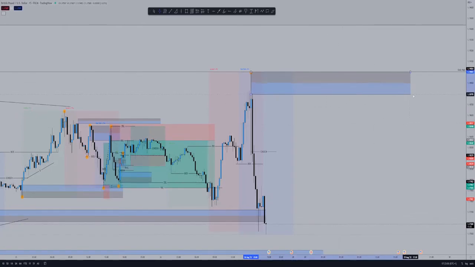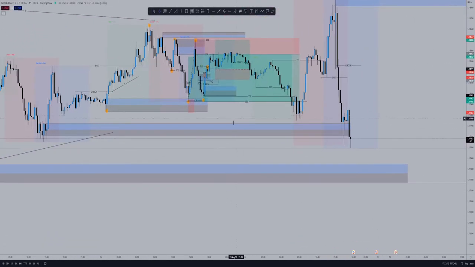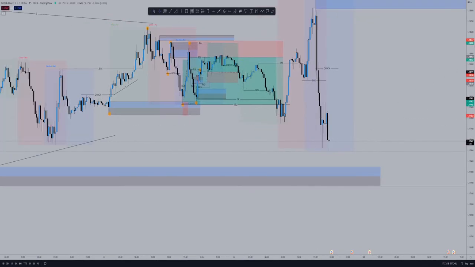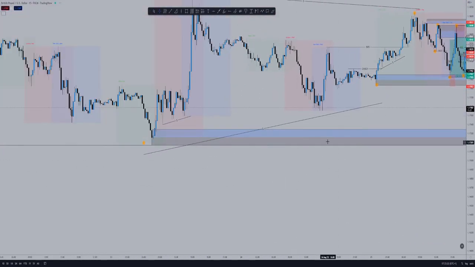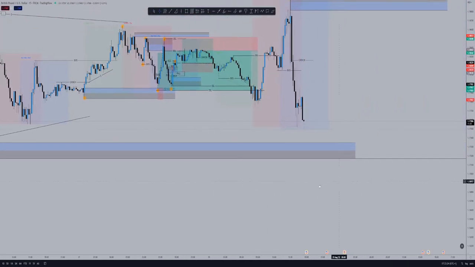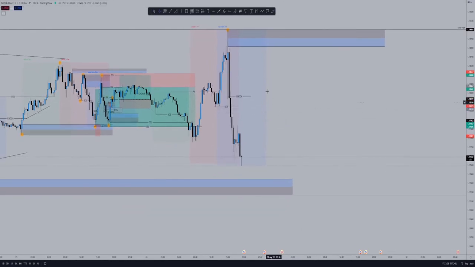as my short. This zone's now been invalidated as well, wicked through, mitigated. So points of interest now are this demand to potentially trade from and this supply to potentially trade from.